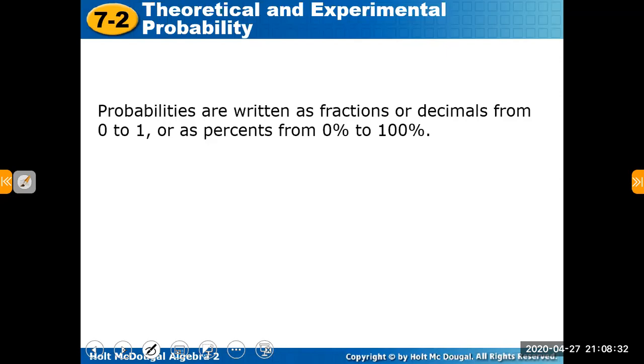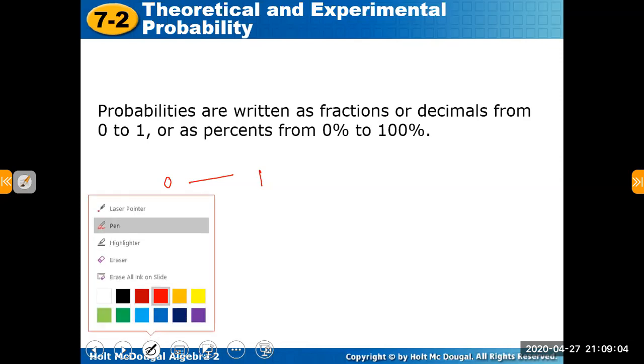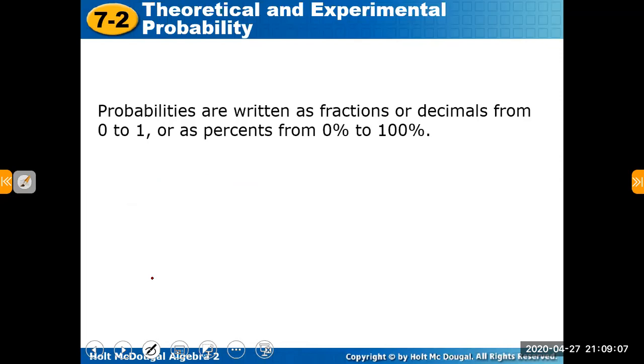So probabilities are written as fractions or decimals from 0 to 1. That means whenever we describe a probability, it's going to be a number between 0 and 1. If I have a probability of a situation that is more than 1, that means it's wrong. When you are solving, if you get a probability value more than 1, it means your answer is wrong.